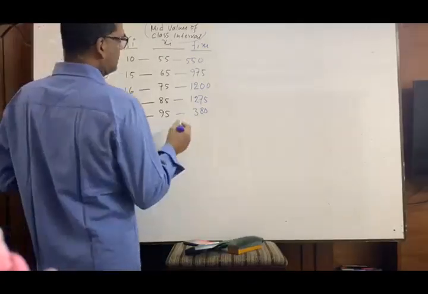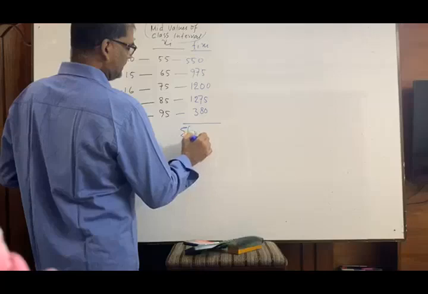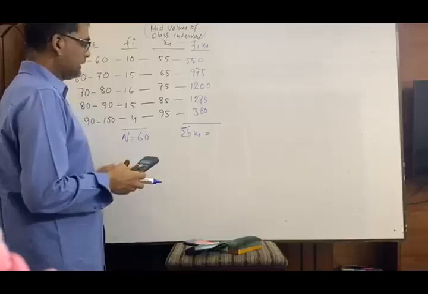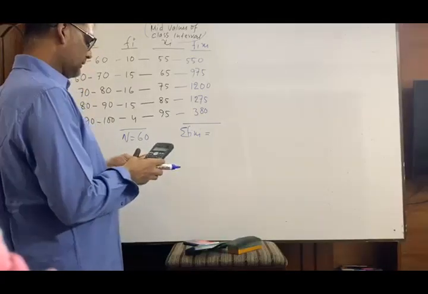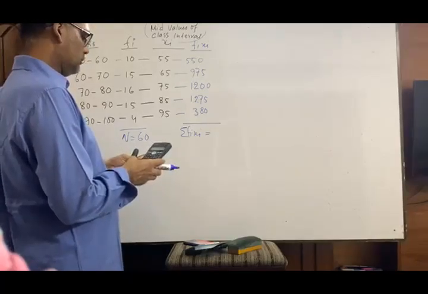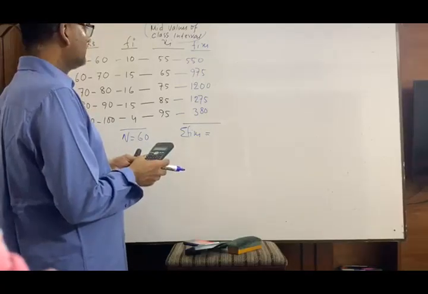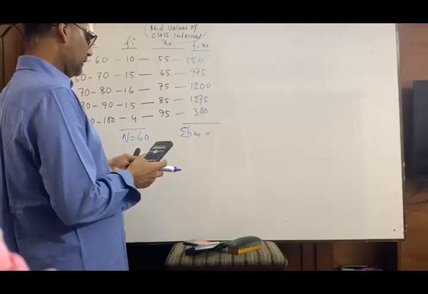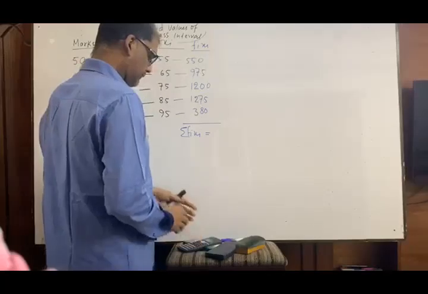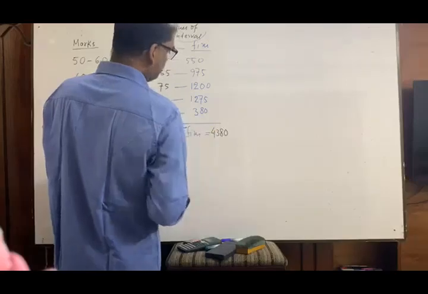Here summation of FiXi equals what? Use the calculator: 380 plus 1275 plus 1200 plus 975 plus 550 equals 4380.